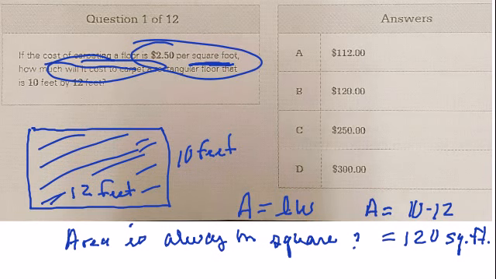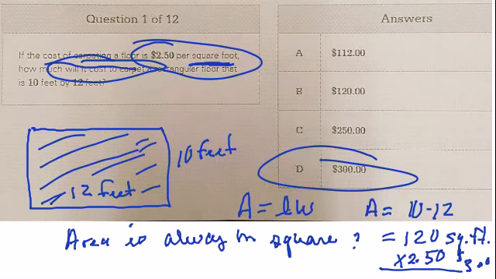So I'm going to take 120 and multiply it by 2.50. And when you do your multiplication, you'll end up with 300. So 120 times 2.50 is $300. So that's what it's going to cost us to cover this floor.